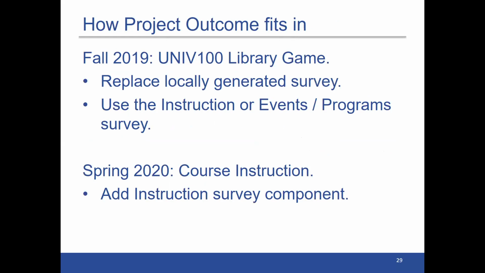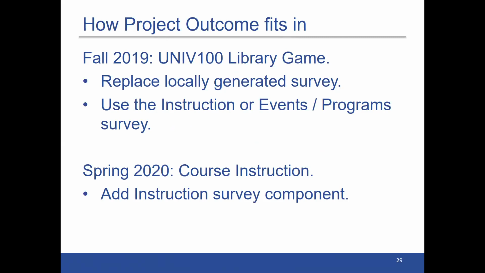So your first thought is, so why would you want to use Project Outcome? Well, actually, I think Project Outcome fits in rather nicely with what we're doing. For example, in the fall, and I'll tell you how we're planning to do it for the next academic year. Okay. And for the fall, we want to replace our locally generated survey.